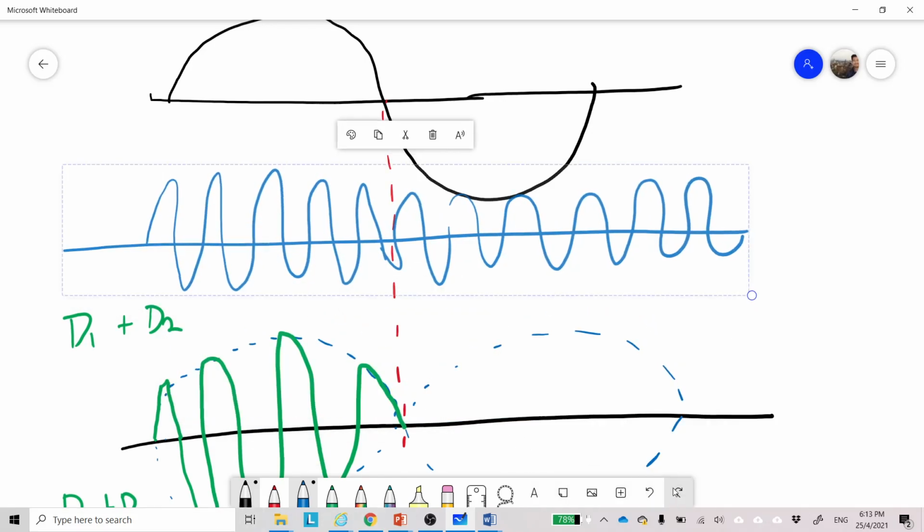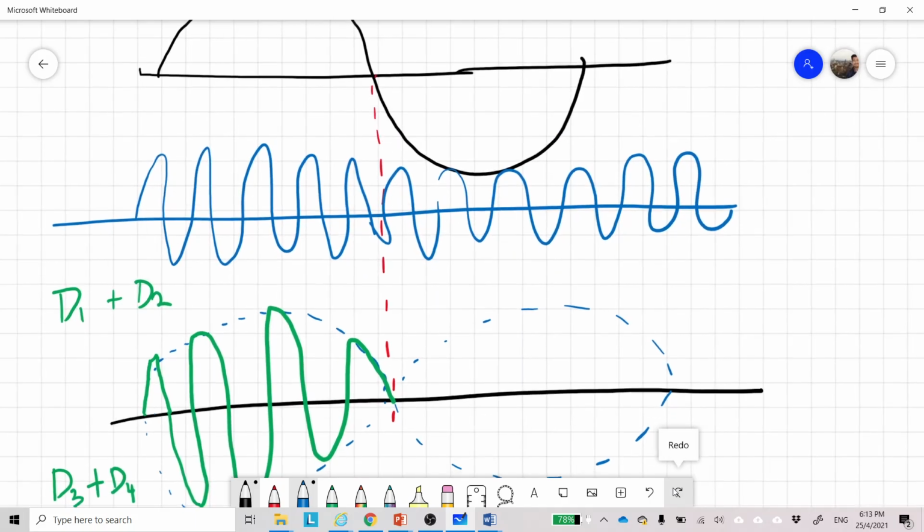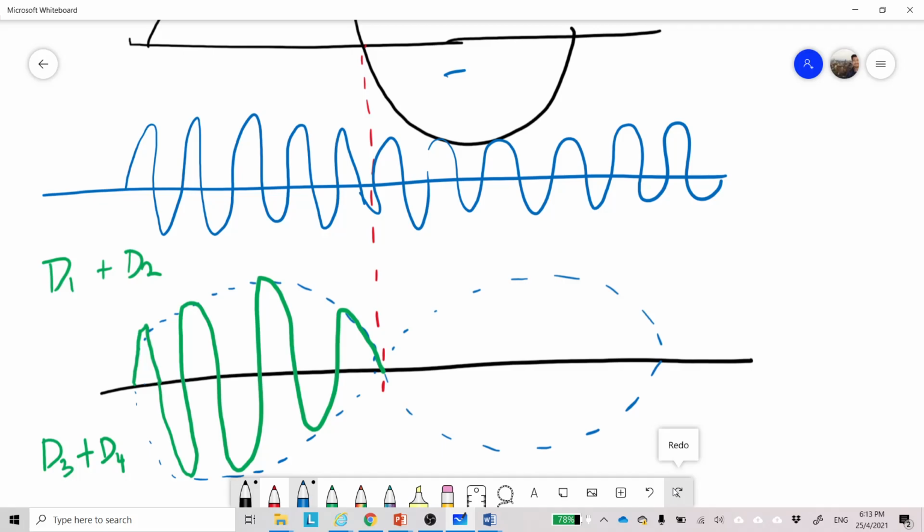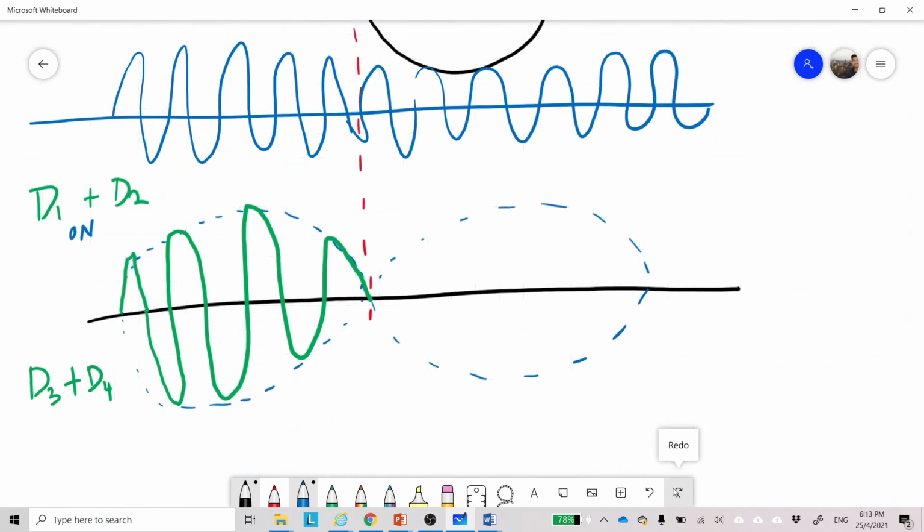The difference happens when the modulating signal changes polarity from positive to negative. What happened? You see that here this one is on, and at the negative side, D3 and D4 switch on.